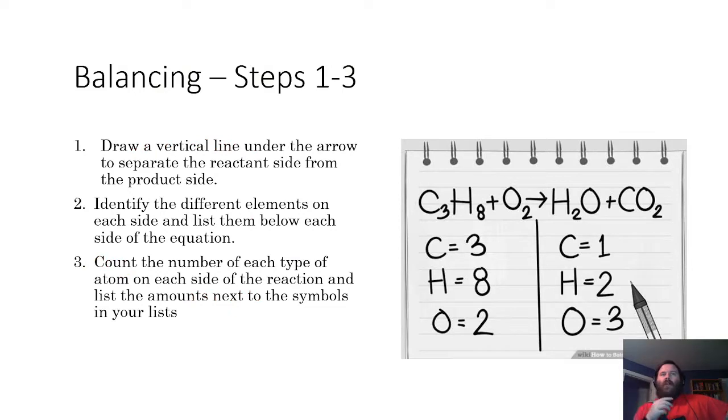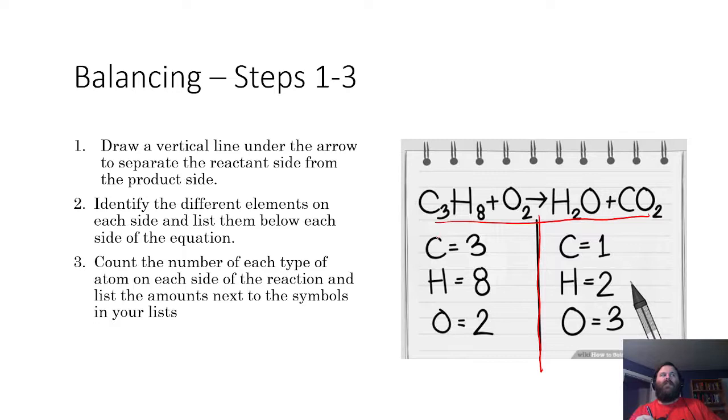Okay, so how do we do it? Well, first, before we even do any of the math to attempt to balance it, we need to write out what we have already. First of all, you have your equation up top. You should draw a line down the middle underneath the arrow to separate the two sides.